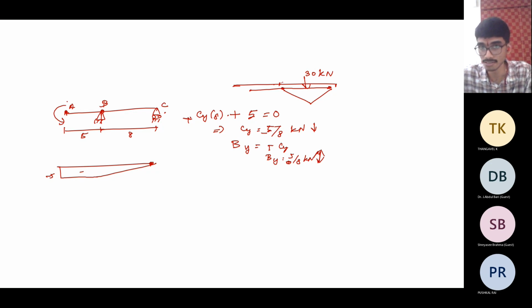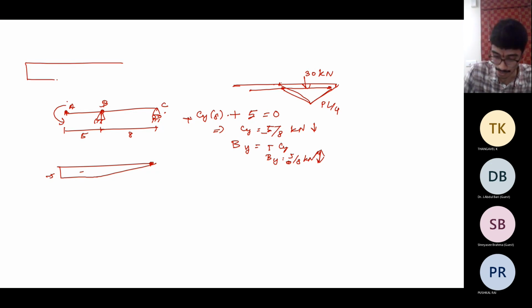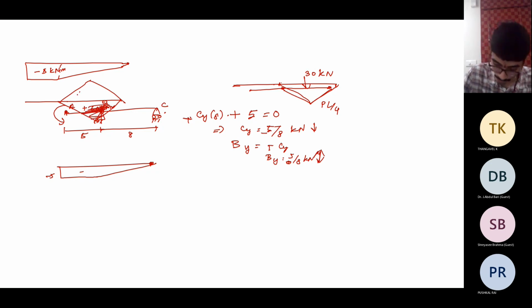And this 30 kilonewton causes a moment that is proportional to this distance. If you recollect your basics, this will have the bending moment diagram of PL by 4. So from the first part, you get minus 5 kilonewton meters. And in the second case, you get 30 into 8 by 4, so that is 60. So it should be upwards, plus 60 kilonewton meters.